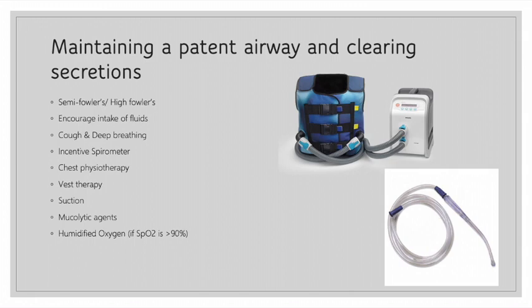Chest physiotherapy and vest therapy are both really good. So that picture on the top, as you can see, is a vest that they use for vest therapy. Basically, the patient's going to put on that vest, and then it gets connected to the machine to the right of it.